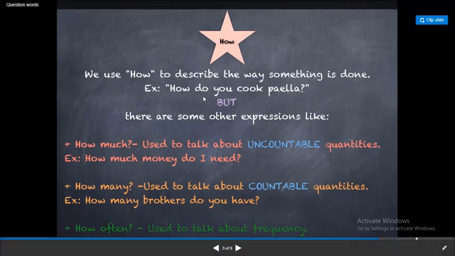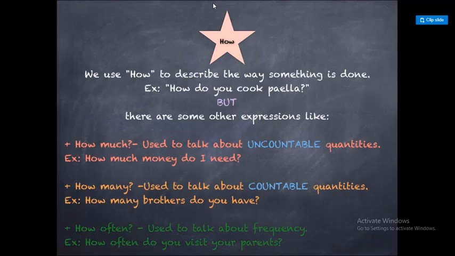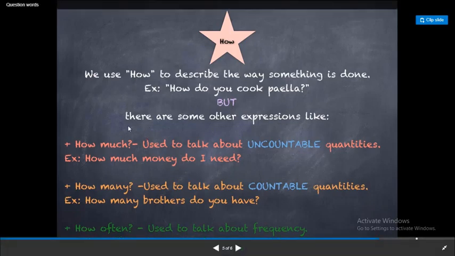But you should note that how is linked to other words to ask about other things, like in, how much, to ask about uncountable quantities, as in, how much money do I need? How is also attached to many to ask about countable quantities, and one example is, how many brothers do you have?